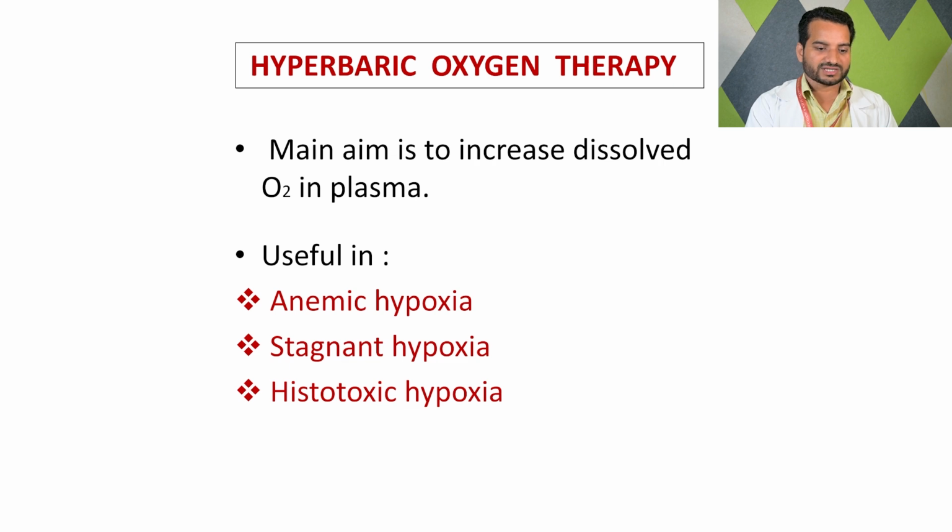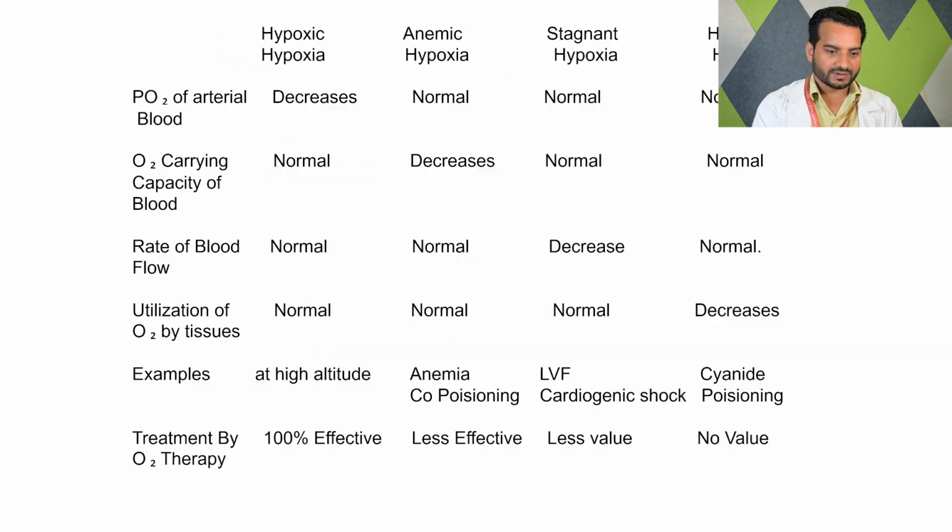Hyperbaric oxygen therapy mainly increases the oxygen dissolution in the blood. One way of transportation of oxygen to the tissue is by combination with hemoglobin, but here the oxygen is dissolved in the plasma and gets transported in the blood.